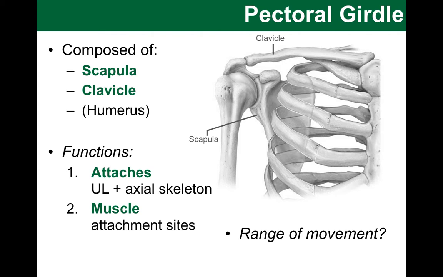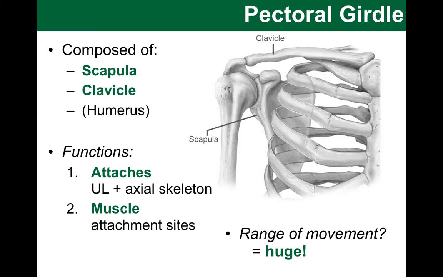Remember flexion, extension, hyperextension, abduction, adduction, circumduction, and so on. So we will end up concluding that the range of movements allowed by this joint are especially huge. So the next logical question is, why?